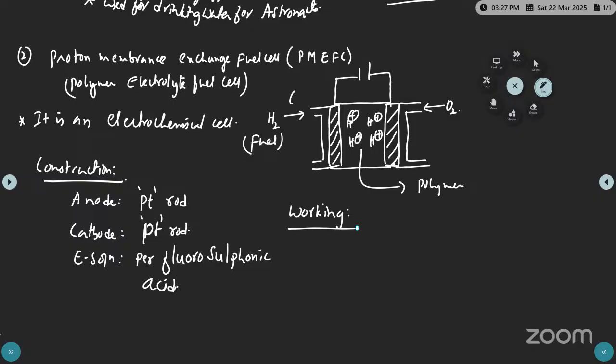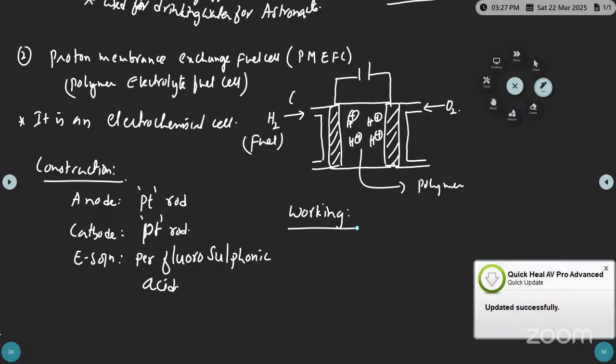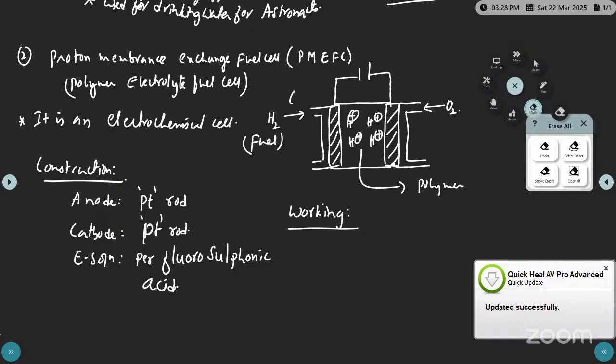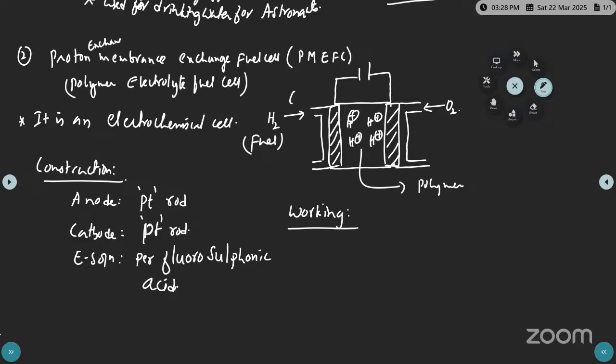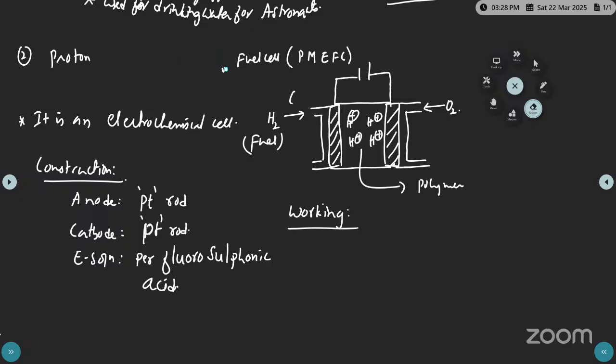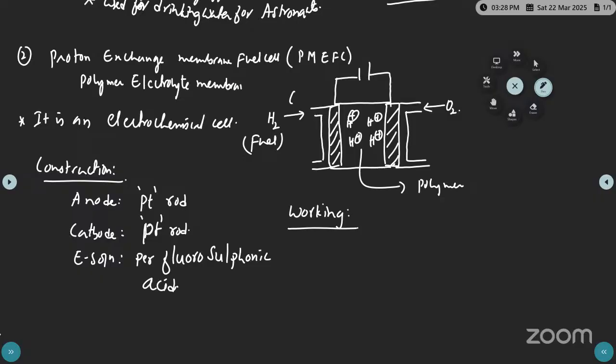Proton exchange, not membrane exchange. A small correction: write proton exchange here. Proton exchange membrane fuel cell, and it is also called polymer electrolyte membrane fuel cell.